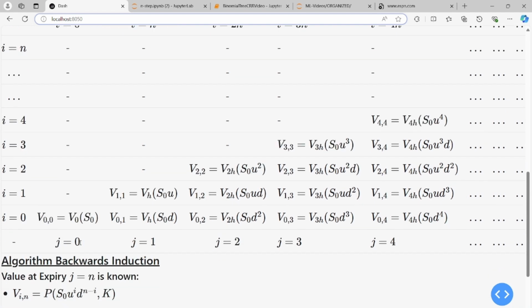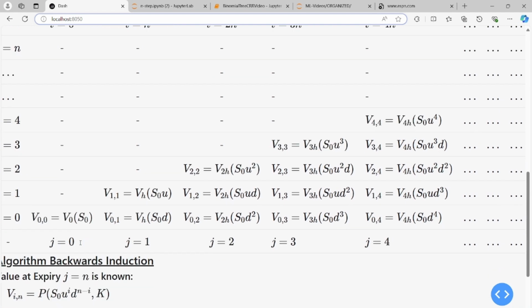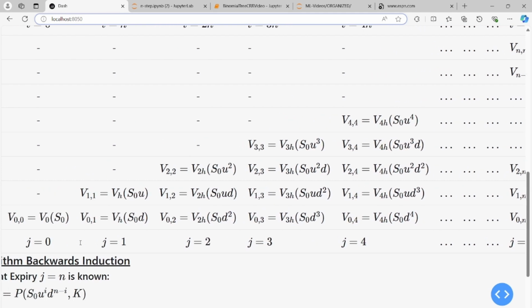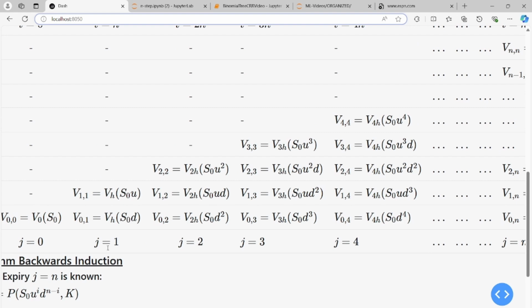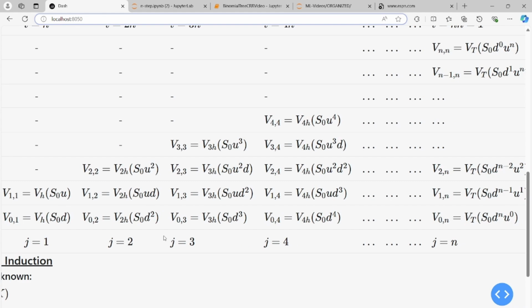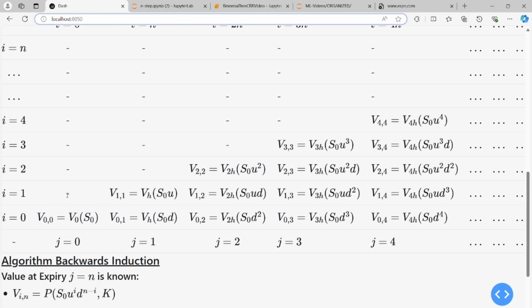Think of the j's as the index for the time step. Time step 0 means the initial time, then time step 1, all the way up to time step n, because we have n steps, so n of these intervals, 0 to 1, 1 to 2, and so on. So j is the time step, and for each j, you have these i's.